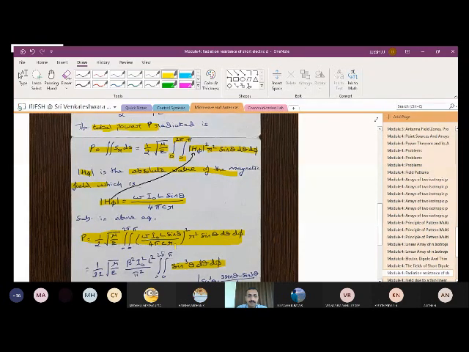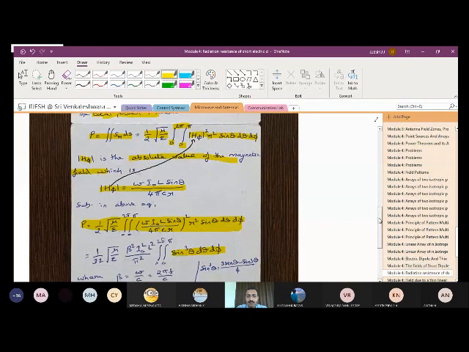Omega by C is taken as beta. You can see here omega by C is there, that is taken as beta, and that is 2 pi f by C. That's the reason I have written beta here. Or you can take the same terms outside and then convert it as beta. Anything is fine.